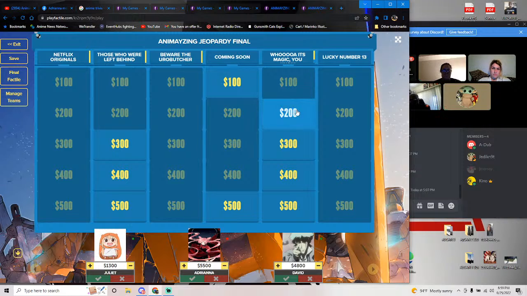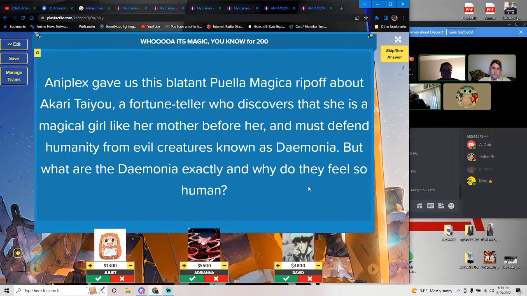Magic 200. Aniplex gave us this blatant Puella Magi ripoff about Akira Tayo, a fortune teller who discovers that she is a magical girl like her mother before her and must defend humanity from evil creatures known as Demonia. But what are the Demonia exactly, and why do they feel so human?